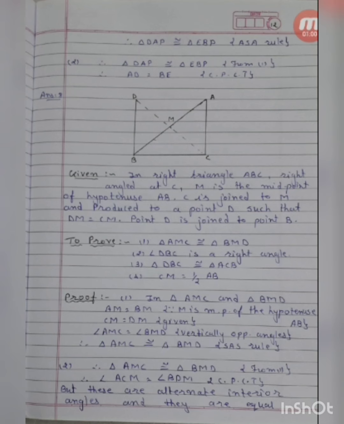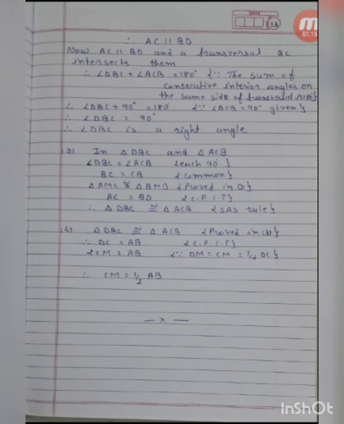Second, triangle AMC congruent triangle BMD we have proved. So we can write angle ACM is equal to angle BDM by CPCT. But these are alternate interior angles and they are equal. So AC parallel BD. Now AC parallel BD and transversal is BC intersecting them.